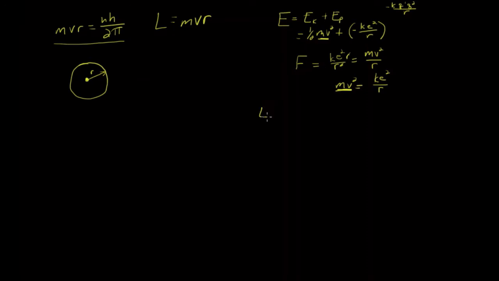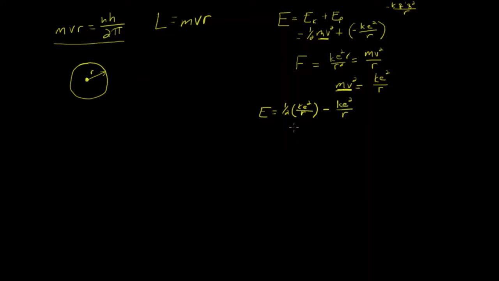And so I get for the energy, and this puts everything in coulombic terms, 1/2 ke squared over r, Coulomb's constant times the charge of an electron squared over the radius of the atom. And I'll just do this minus ke squared over r.